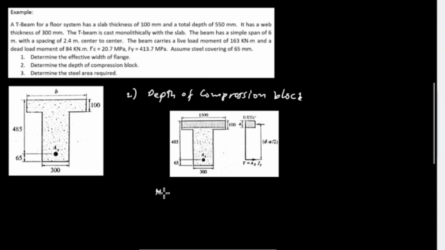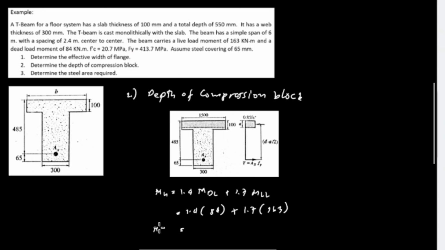So Mu is equal to 1.4 moment of dead load plus 1.7 moment of live load. Based on the data, moment of dead load is 84 kilonewton meter. So 1.4 multiplied by 84 kilonewton meter plus 1.7 multiplied by the live load moment, which is 163 kilonewton meter.